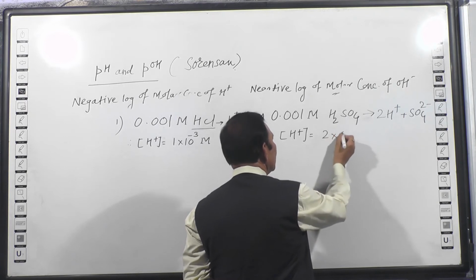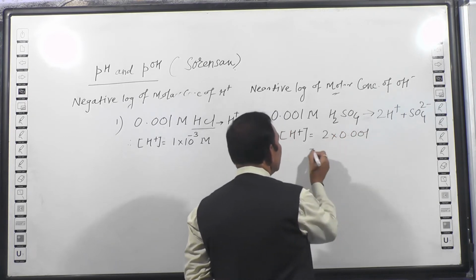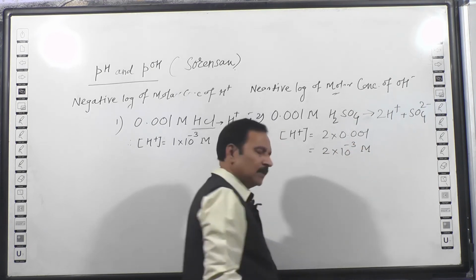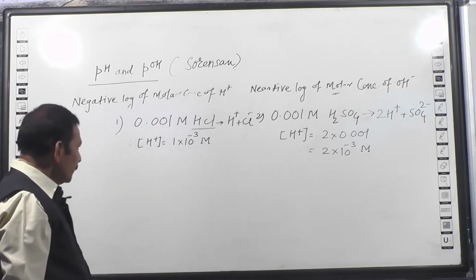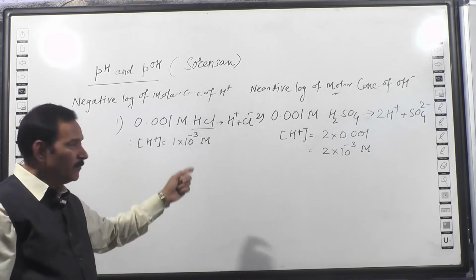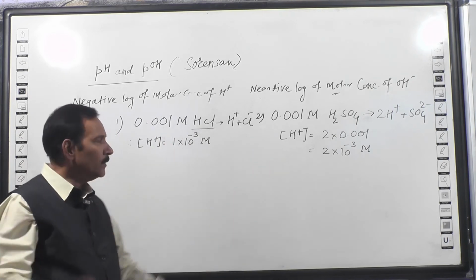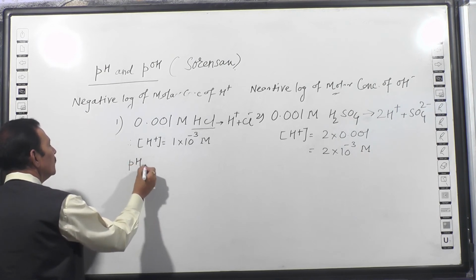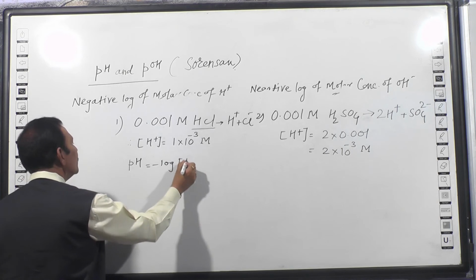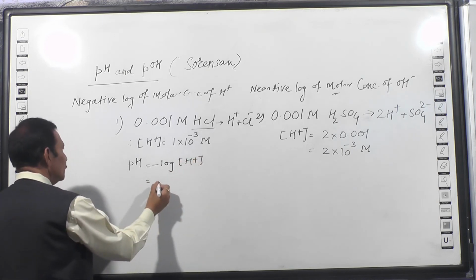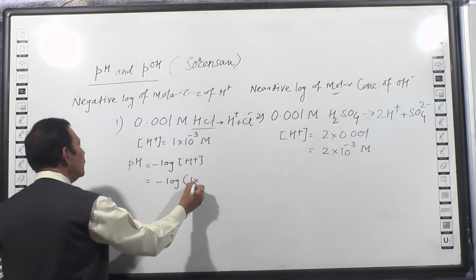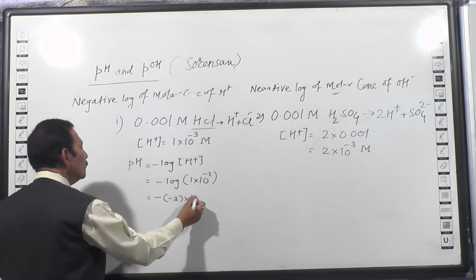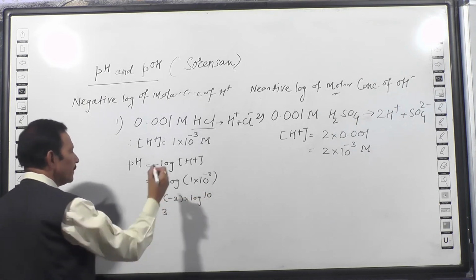So 2 multiplied by 0.001, it can be written as 2 into 10 to the power minus 3 molar. Now, we have modified the concentrations of acids in terms of their H plus ions to find out the pH. The formula to calculate pH is pH equal to minus log H plus ion concentration. So that is equal to minus log 1 into 10 to the power minus 3, that is minus of minus 3 into log of 10, equal to 3. Okay.